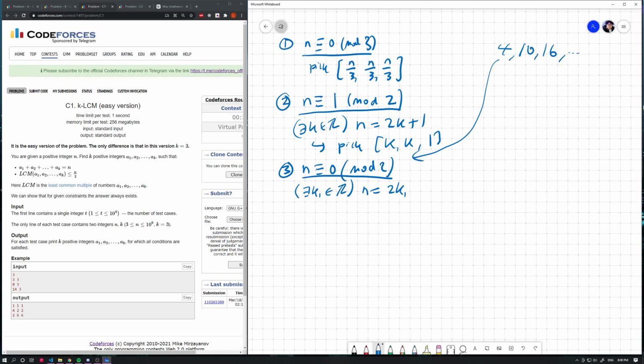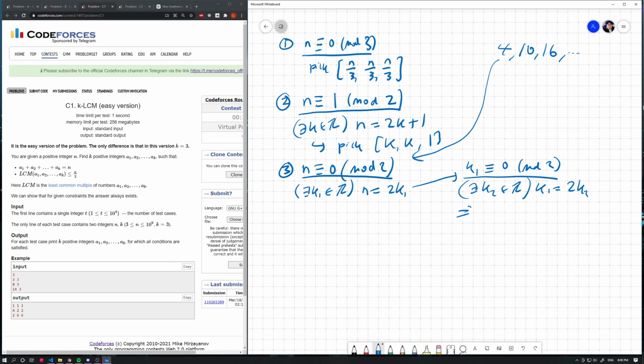Because it's even, we know that there exists a k1 in z such that n is equal to 2k1. So now let's suppose k1 is even. Then there exists some k2 in z such that k1 is equal to 2k2.